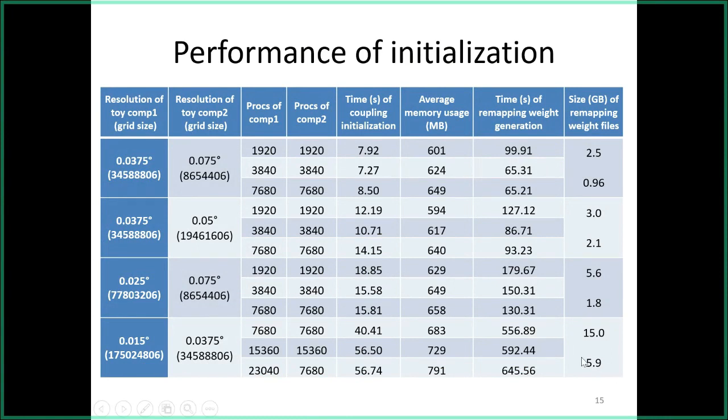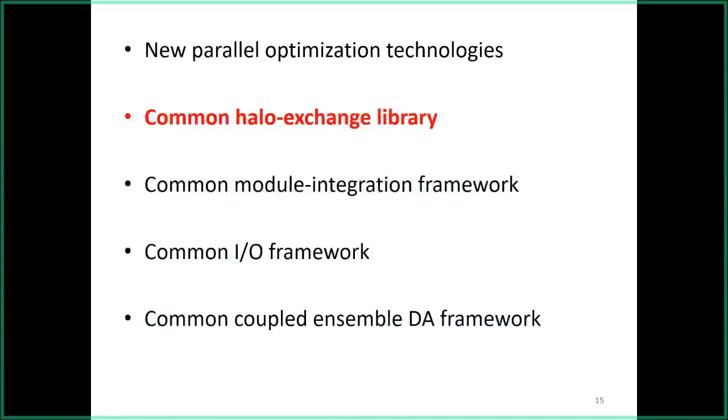And C-Coupler 3 can generate large remapping files for these test cases, and the time for remapping generation in parallel is acceptable currently. And the memory usage is now controllable, I think. So C-Coupler 3 can work for most cases now. But the older version, C-Coupler 2, cannot handle such high resolution.